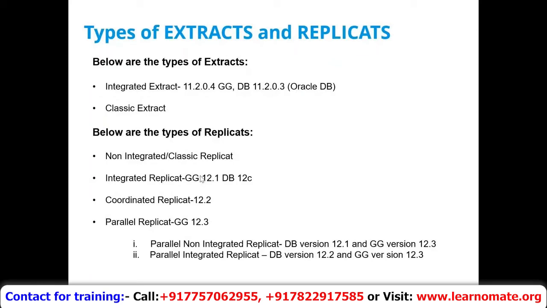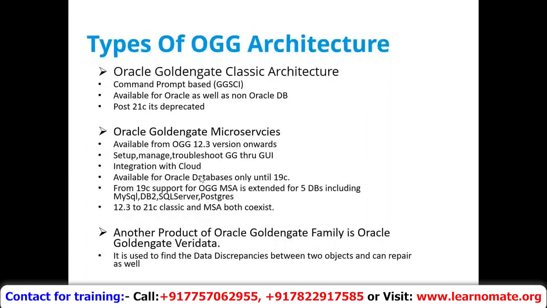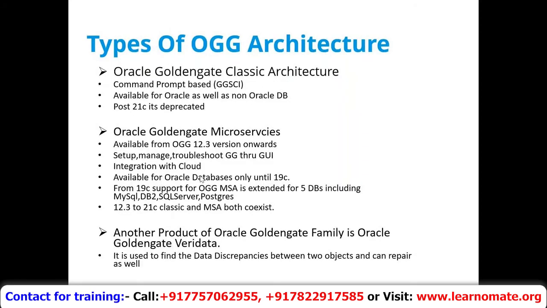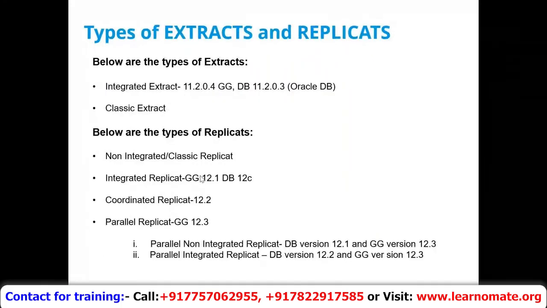In a big picture, there is architecture, and inside architecture you have different types of extracts and replicates which help you capture the data from the source or apply the data to the target database. So integrated is a type of extract. Microservices is a type of architecture. That's the answer.